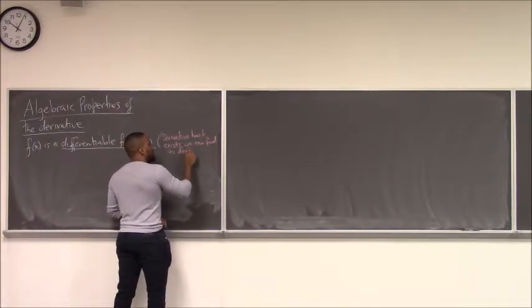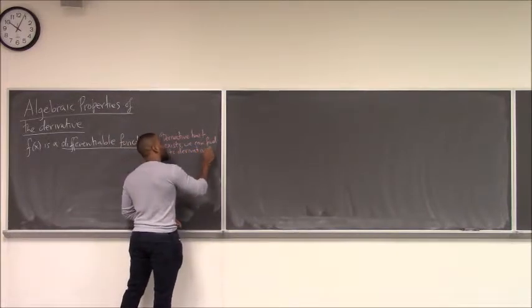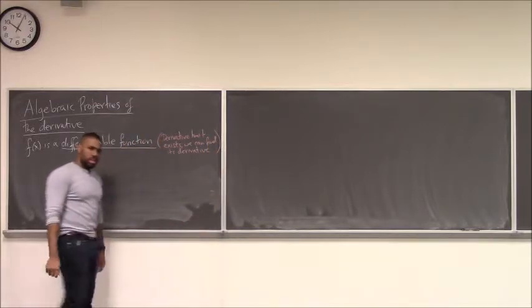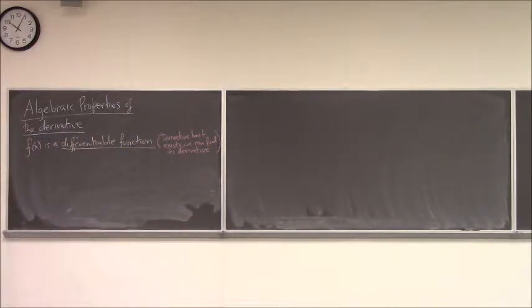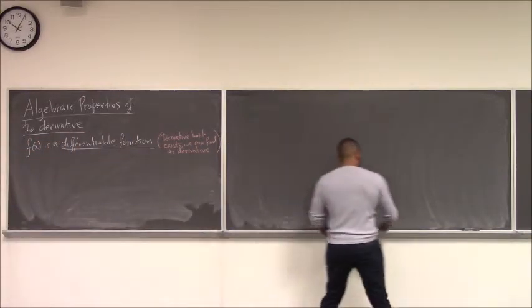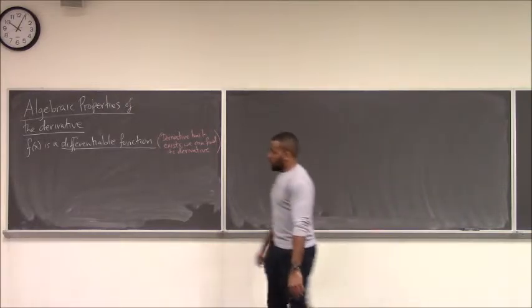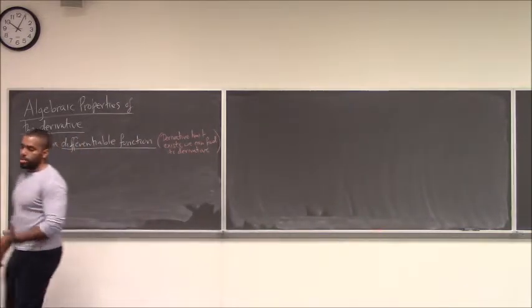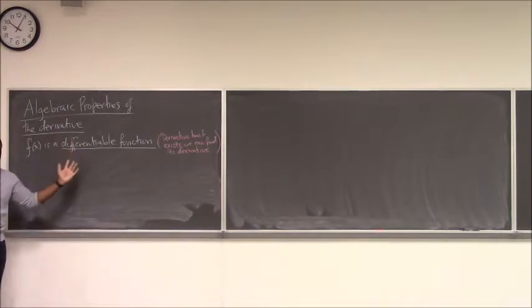As I said, there are functions for which we cannot find derivatives. We'll talk about those later. There are some functions where at most points we can find the derivative, but there are very specific points where we can't. So the functions for which we can find the derivative, we can do this limit definition and everything will work out algebraically. We call those differentiable functions.